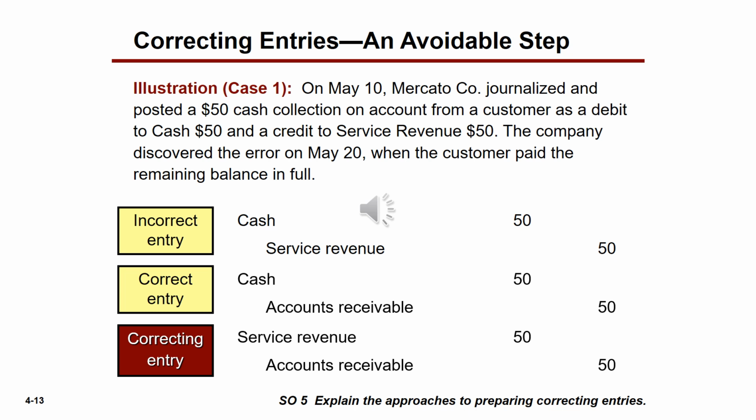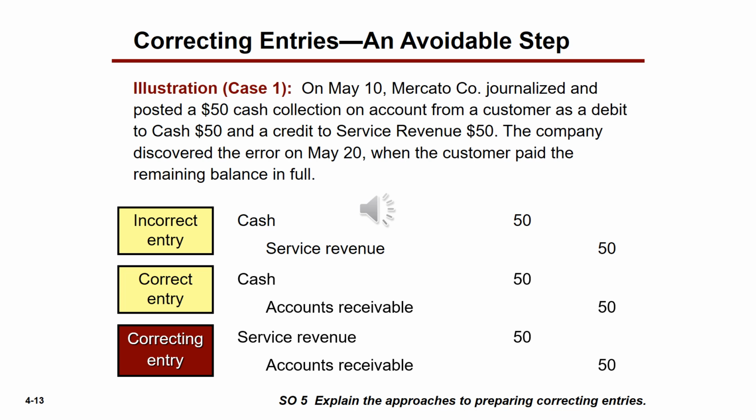Here we have an illustration to see how this correcting entry procedure is carried out. It says on May 10th, Mercato Company journalized and posted a $50 cash collection on account from a customer as a debit to cash of $50 and a credit to service revenue of $50. The company discovered the error on May 20th, 10 days later, when the customer paid the remaining balance in full.